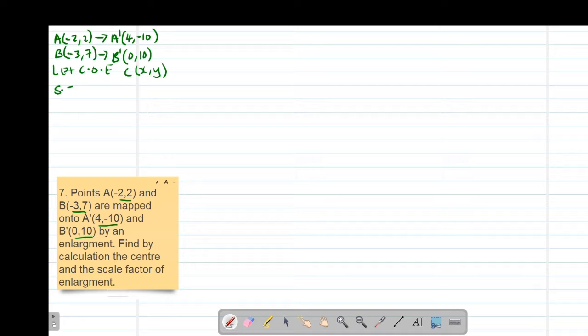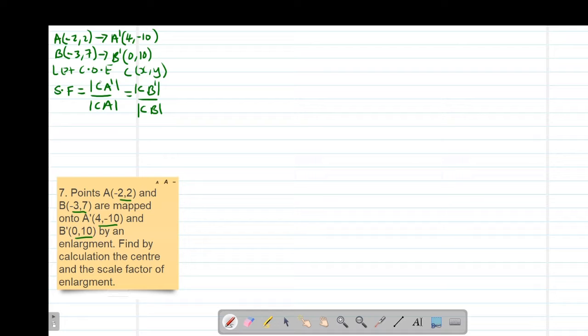Therefore, the scale factor is the magnitude of the distance from point C to A prime, divided by the distance from point C to A, which should also equal the distance from C to B prime, divided by the distance from C to B. So the two ratios should give you the scale factor of enlargement.